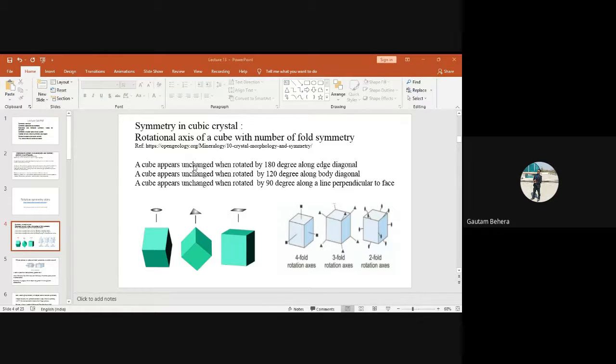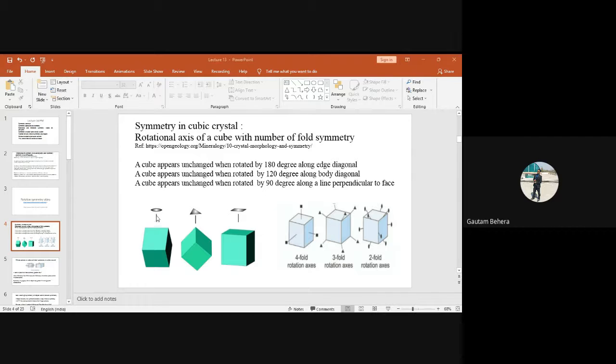So here we want to find out the rotation axis of the cube with number of fold symmetry. Fine. So suppose this is the initial structure of the cube. Now just have a look. Whenever you want to do any kind of rotation, then you need an axis.